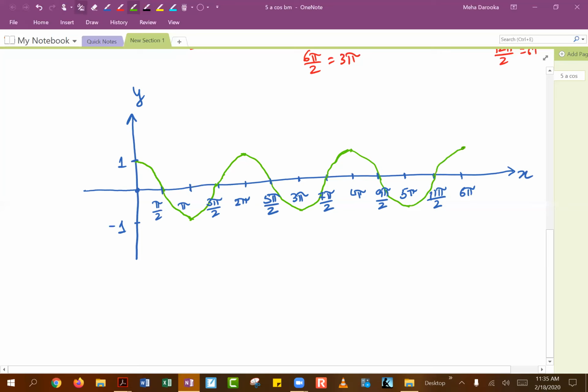Okay, so this is kind of what the cosine function would look like with a period of 2 pi, right?